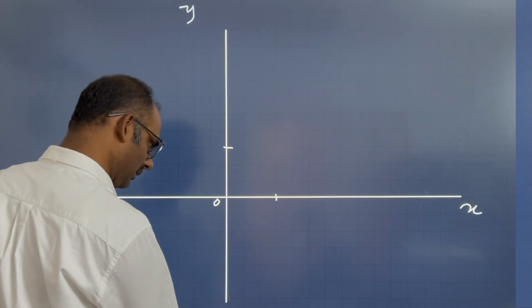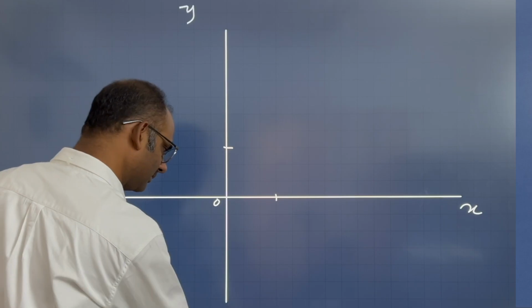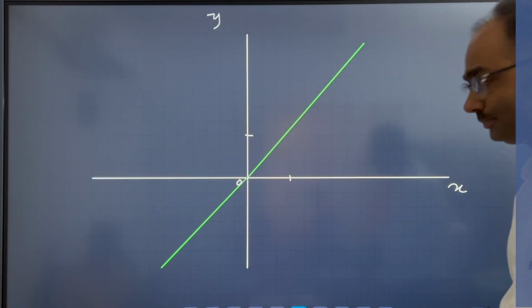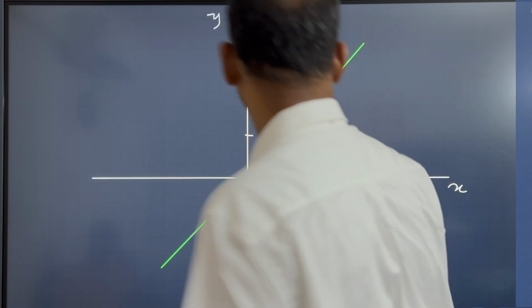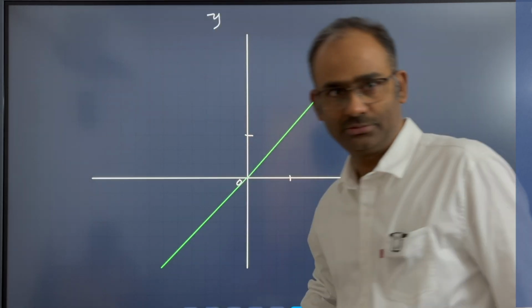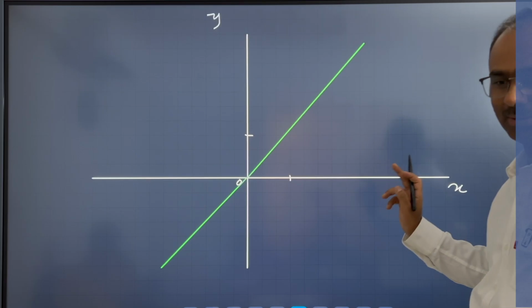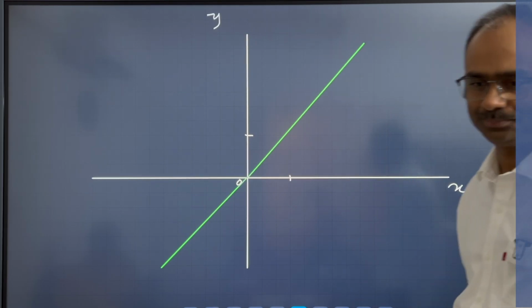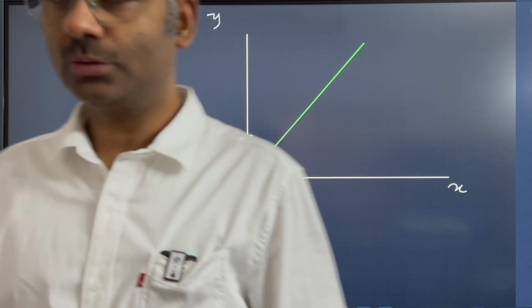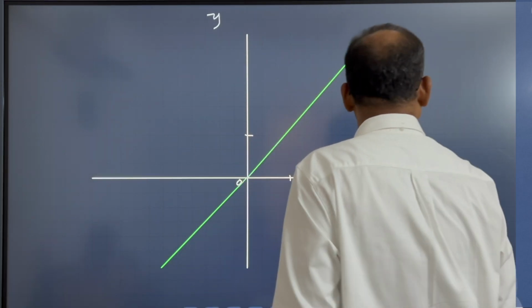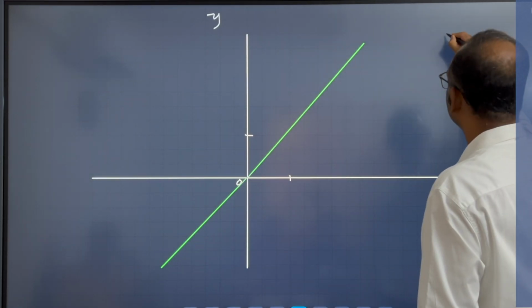Let's put a line y equal to x. That's y equal to x, okay? Now, let's plot x square, x cube, x to the 4.